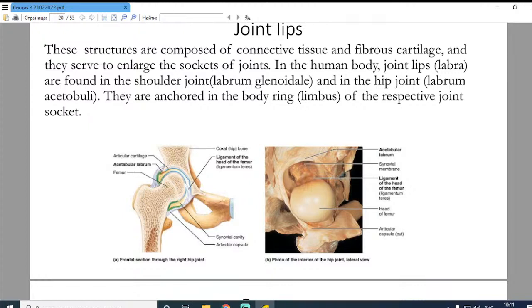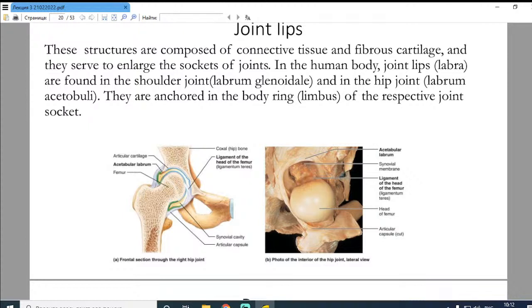In the human body, labra are found in the shoulder joint, labrum glenoidale, and in the hip joint, labrum acetabuli. They are anchored in the bony ring, limbus, of the respective joint socket.